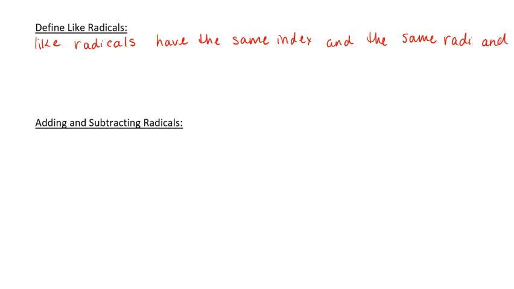Let me make that a little more clear. For instance, if we had 5 cube roots of 2, that would be like with 4 cube roots of 2. However, if we had 5 square roots of 2, that would not be like with 4 cube roots of 2. Those are not like, because they don't have the same index.